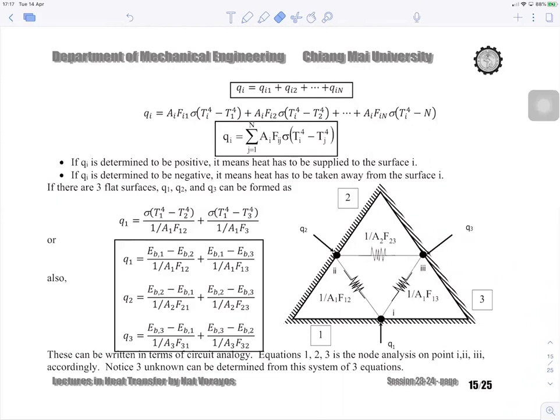Circuit analogy still applies to radiation also, and you have to learn thermal radiation resistance. And now you know the radiation resistance between two surfaces can be written as 1 over AiFij, if it's a resistance between surface i and surface j. Okay?